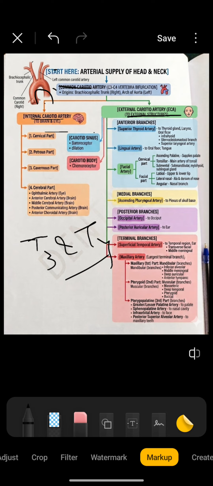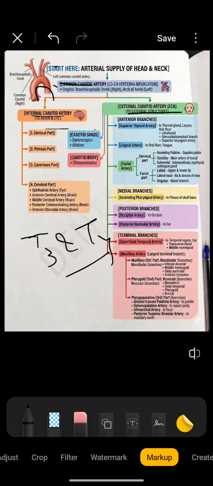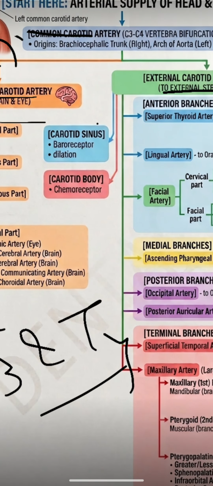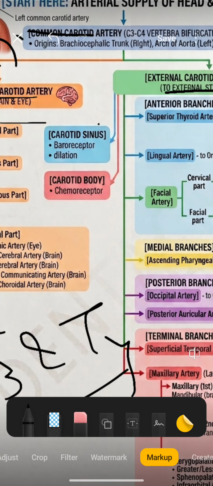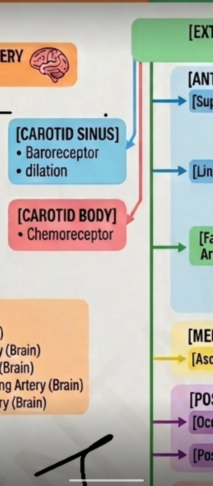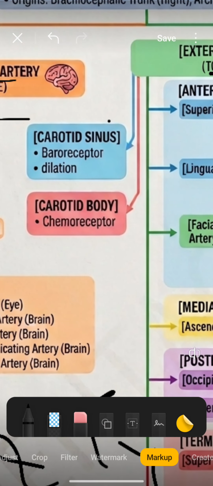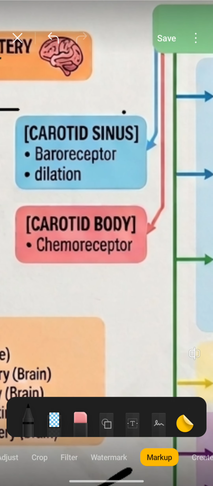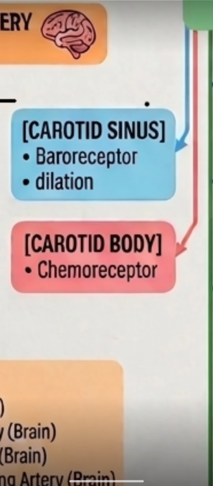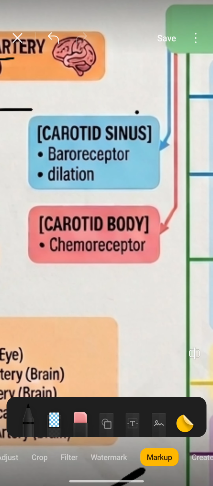If blood pressure increases or decreases, the carotid sinus becomes stimulated and sends signals to the glossopharyngeal nerve, which then regulates the blood pressure. So that's why it's called a baroreceptor.